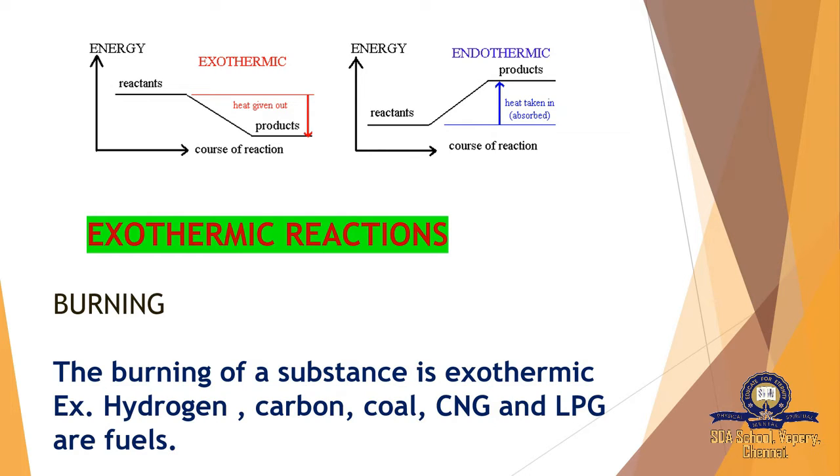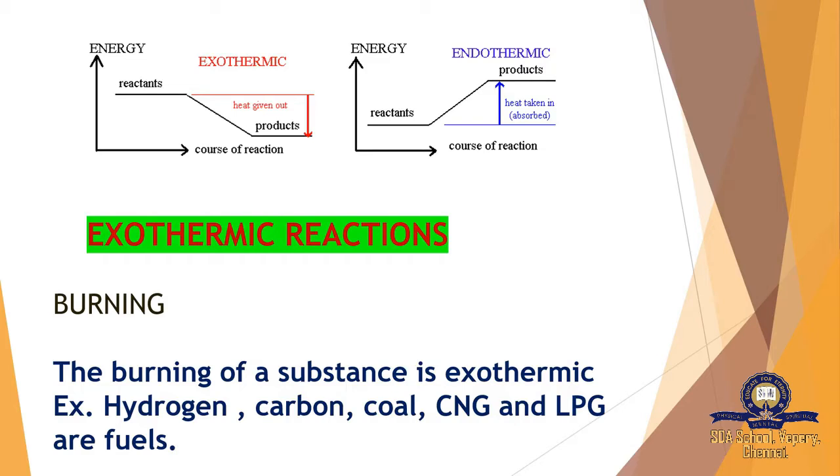With the help of this graph, we can know how the energy changes take place in an exothermic as well as an endothermic reaction. In the first chart, the exothermic reaction, when the reactions take place, reactants combine together and form a product.